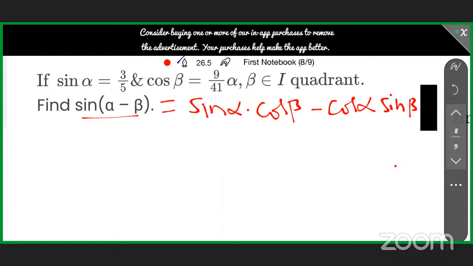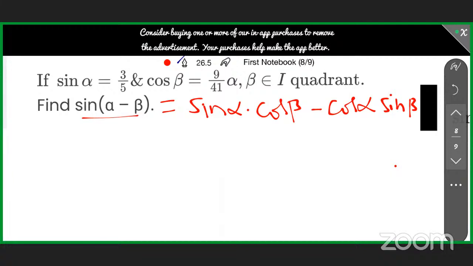So now we have expanded the formula. Sine of (alpha minus beta) is equal to sine alpha into cos beta minus cos alpha into sine beta. If I want to find the value of sine of (alpha minus beta), I want the value of sine alpha, I also need cos beta, and I also need cos alpha and sine beta.